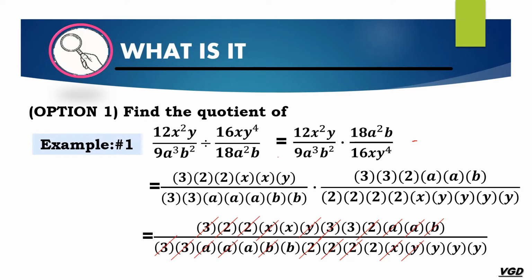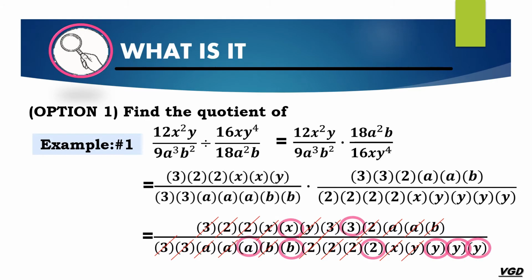And now let's get the remaining factors for the numerator and the denominator. The remaining factors in the numerator are x and 3, and in the denominator we have a, b, 2, y, another y, and another y. So there are 3 y's.